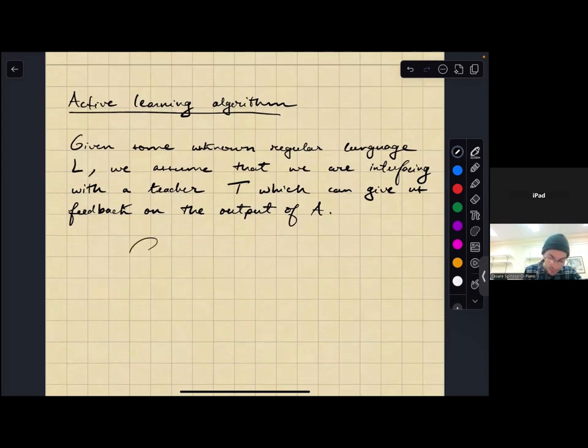Assume that I have a set of observations O. This is given to the learning algorithm A, and then this learning algorithm outputs a candidate DFA M prime.